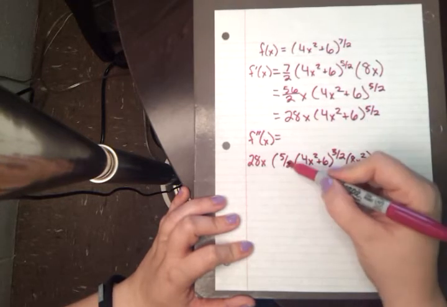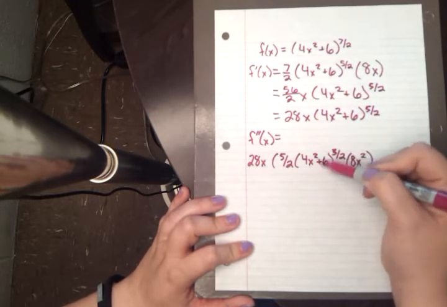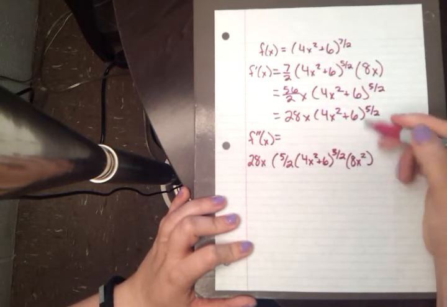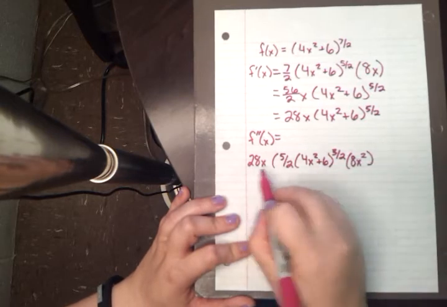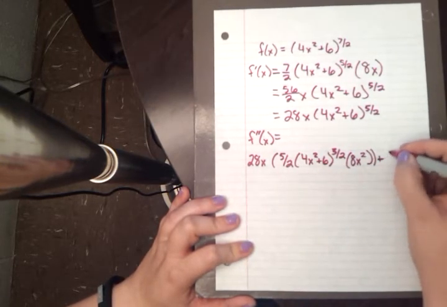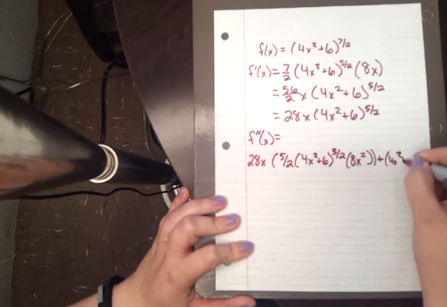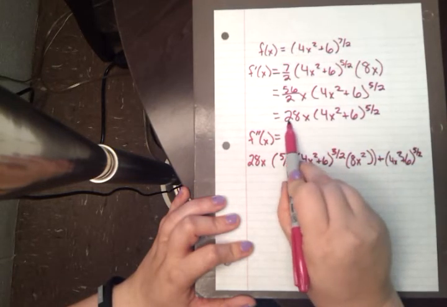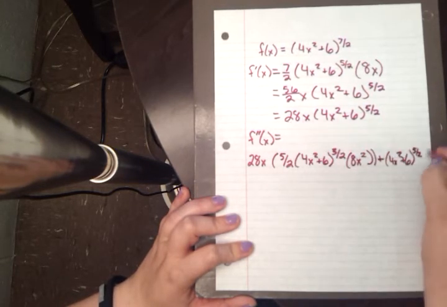And so I've got first times the derivative of the second. Now I need the second, so that's 4x squared plus 6 to the 5/2 times the derivative of the first. Well, the derivative of the first, 28x, is just going to be 28.